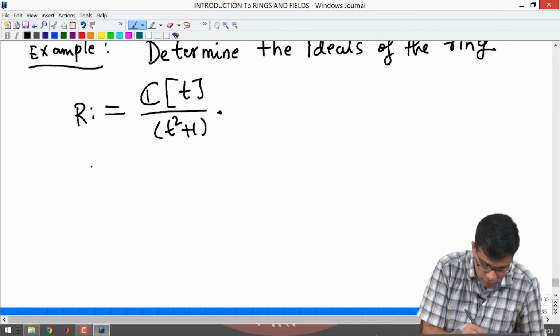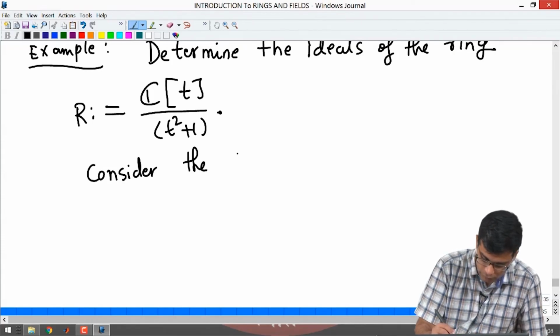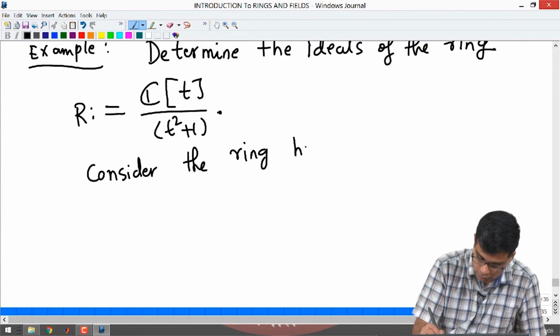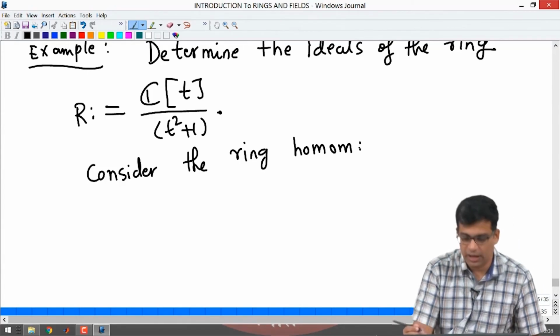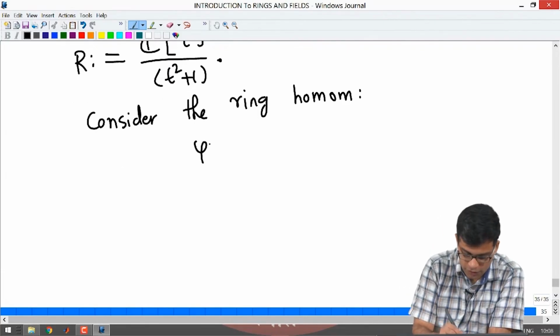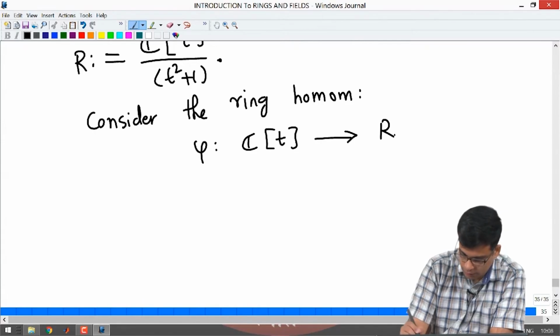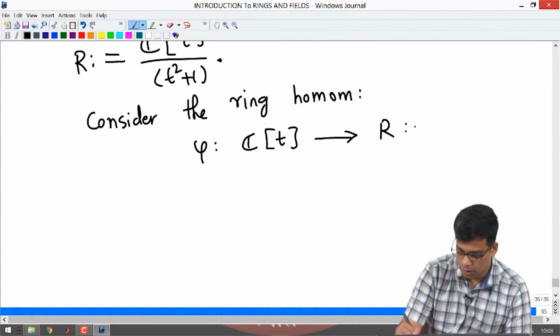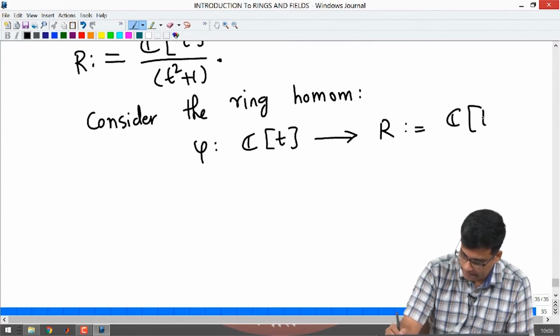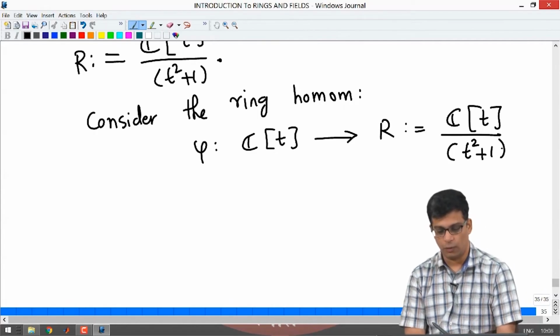So, here consider the ring homomorphism. Here R is already given as a quotient ring. So, I can define the following ring homomorphism from C[t] to R. What is R? R is C[t] modulo t squared plus 1. And what is this function?